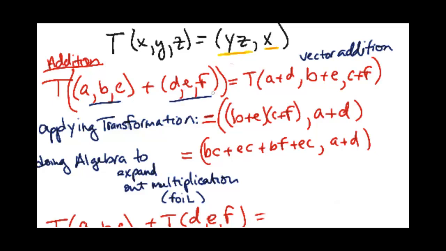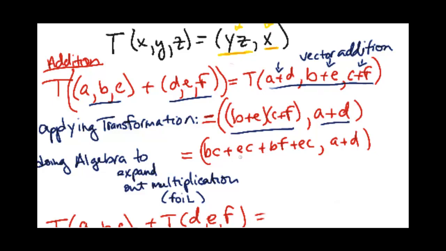And when you do so, you get this vector there. And then if you apply the transformation, meaning y times z, and then the x in the y spot, you're going to end up with this using this y and this z. And then your x values right there.